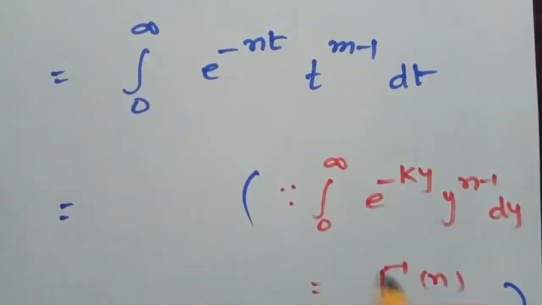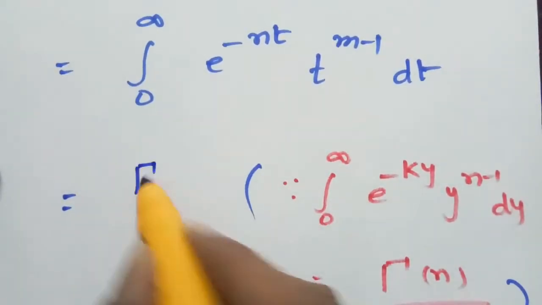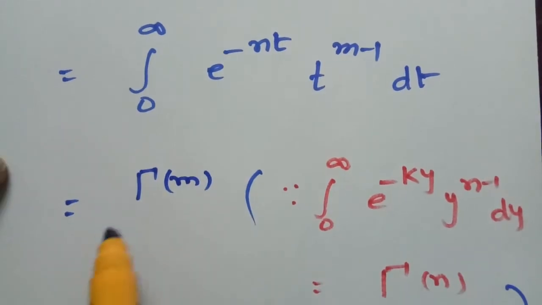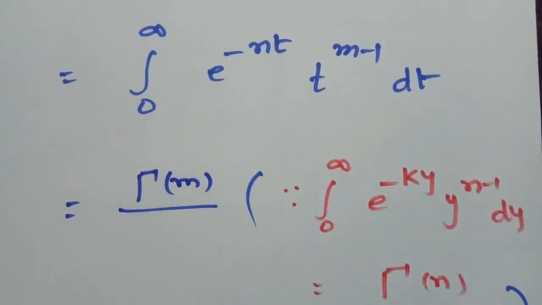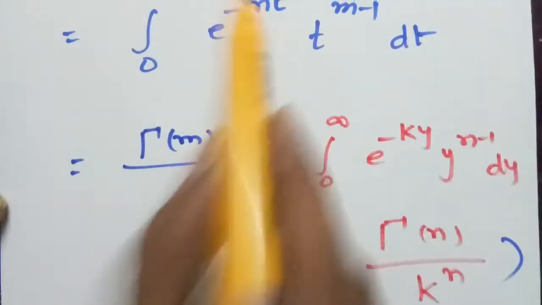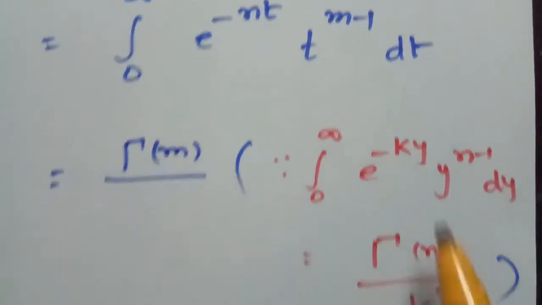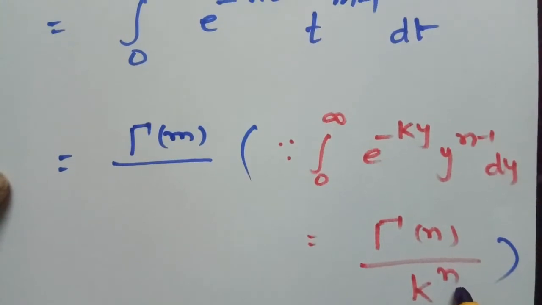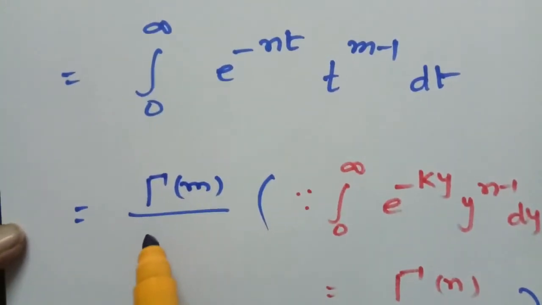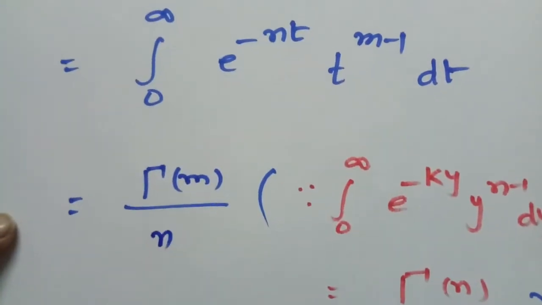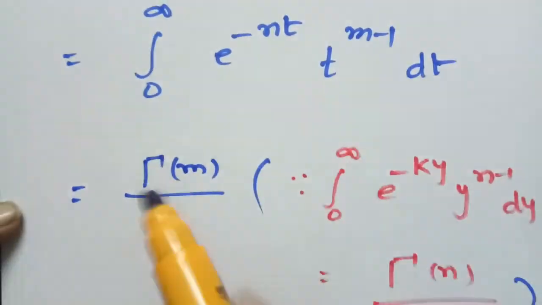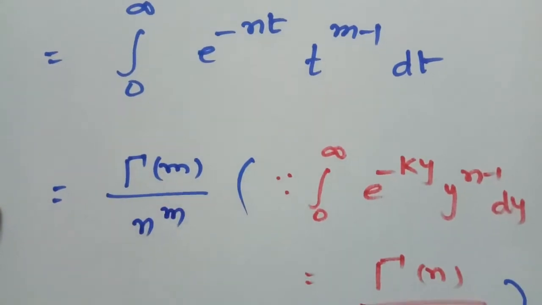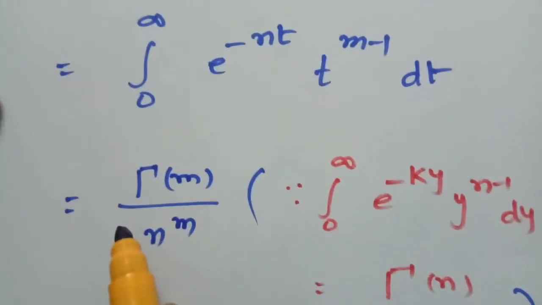Therefore, by using this formula, gamma m by k, where here k is equal to n and n is equal to m, so k power n becomes n power m: gamma m by n to the power of m.